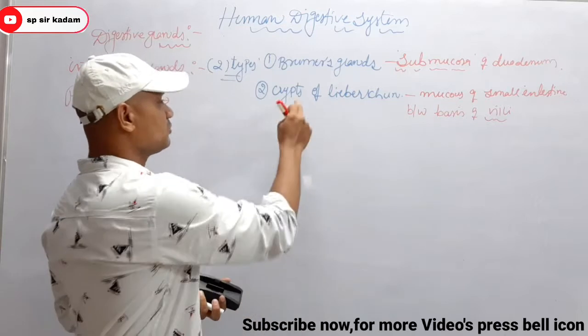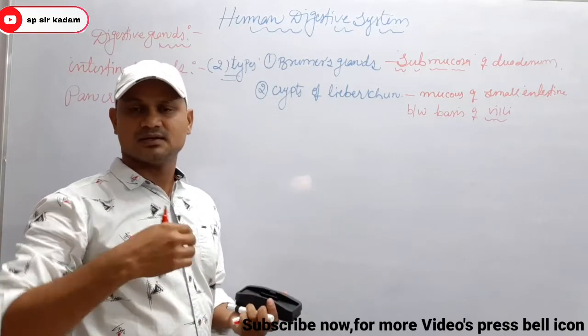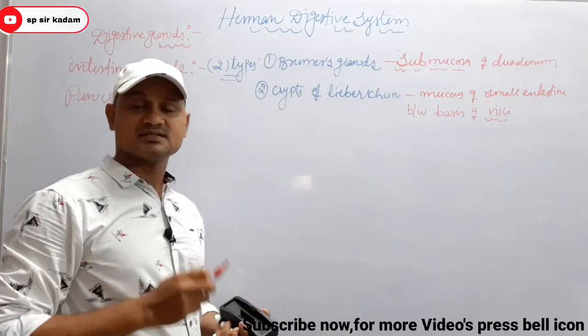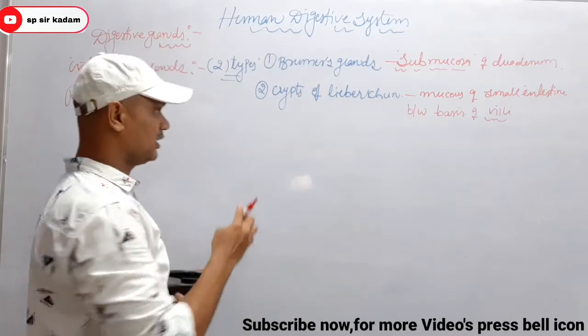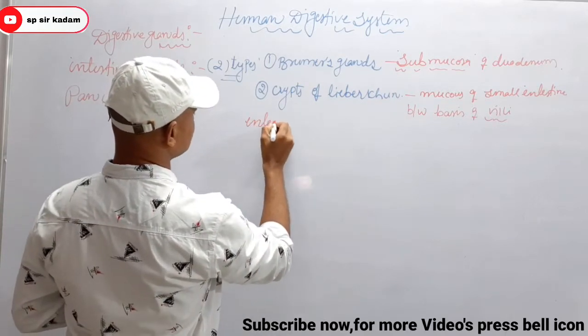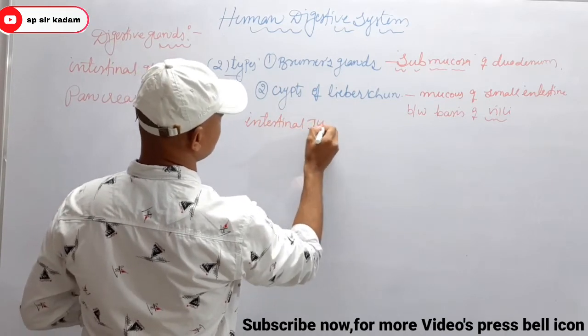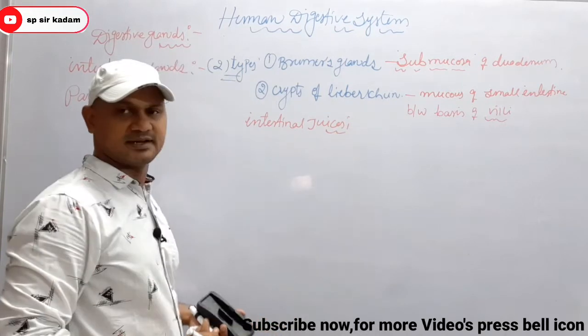And the secretion of these two glands is known as intestinal juices or succus entericus. We can call it intestinal juices or succus entericus.